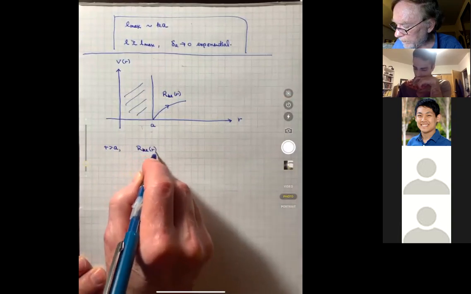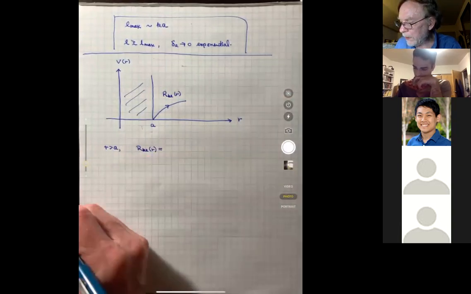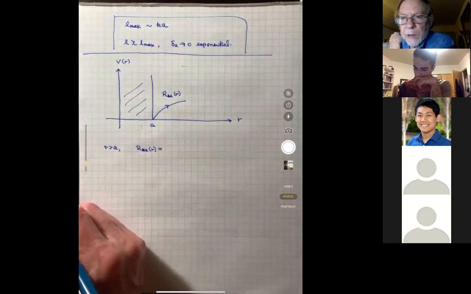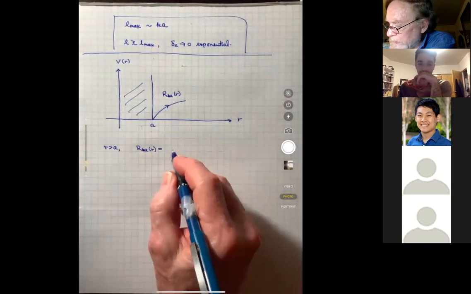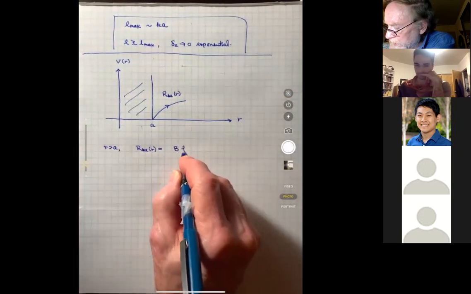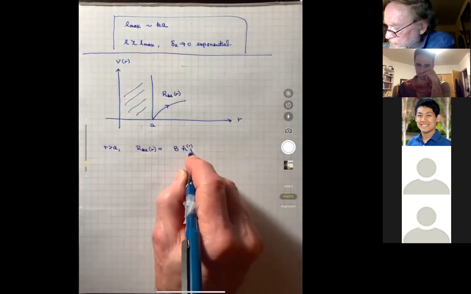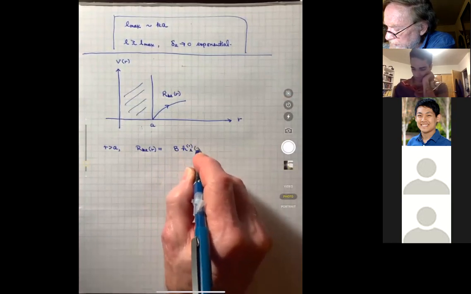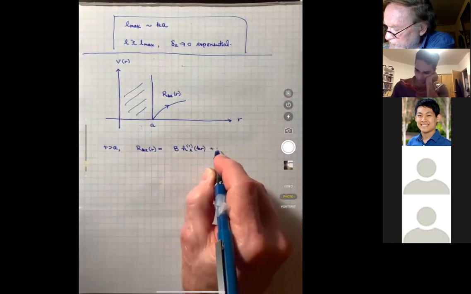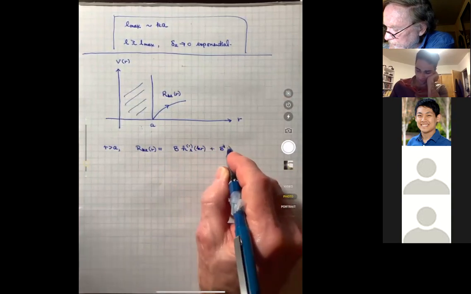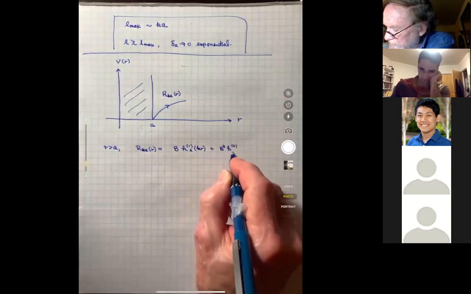R_kl of r must be a linear combination of the free particle solutions. Allow me to write it this way as B times h1_l of kr plus B star times h2_l of kr.